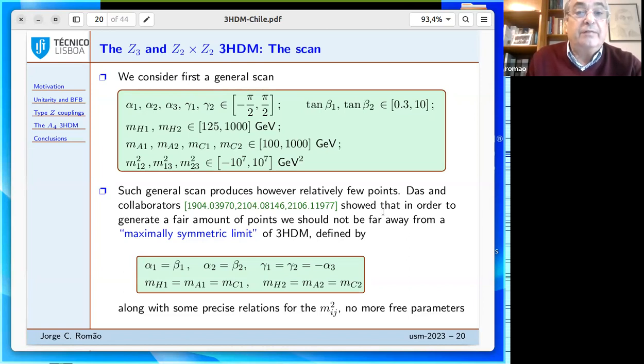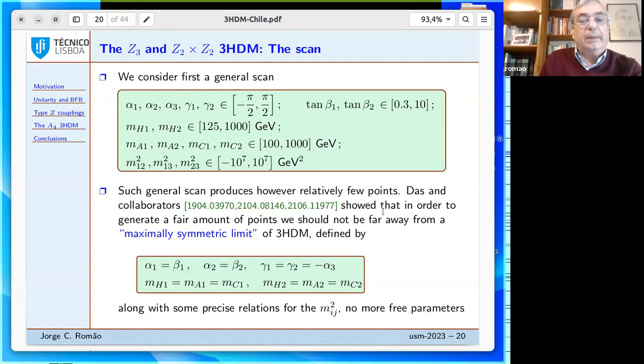It's really very low. And Das and collaborators just noticed this, and they showed that in order to generate a fair amount of good points, you should not be far away from what they call the maximally symmetric limit of the GHDM.